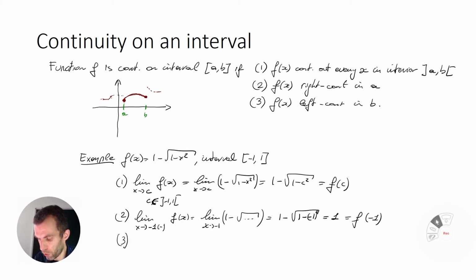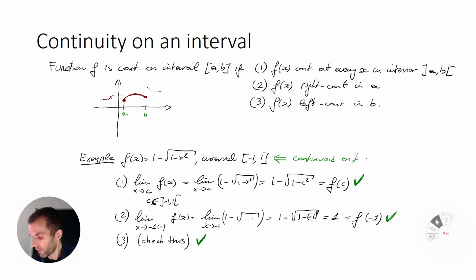And then the third one, it's exactly the same, so I'll let you check this. And so we see that our three conditions are satisfied, and so we conclude that yes, the function is continuous on this interval.